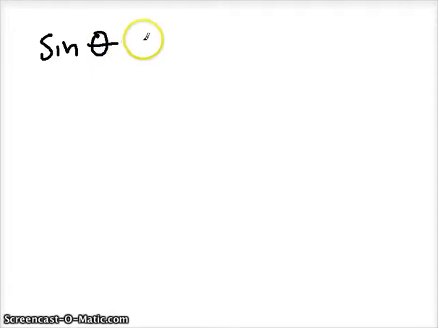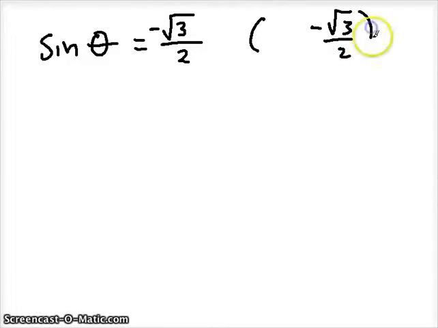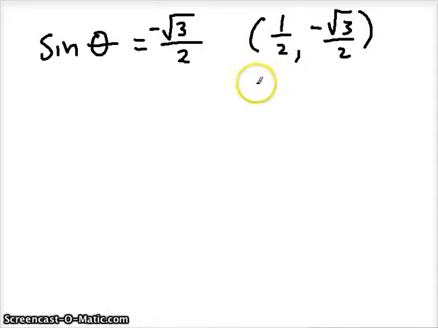Do another sine. So we want to know what angle corresponds with a sine value of negative square root of 3 over 2. Alright, well let's think about where we could be at. What are the possible coordinates? There's a possible coordinate.